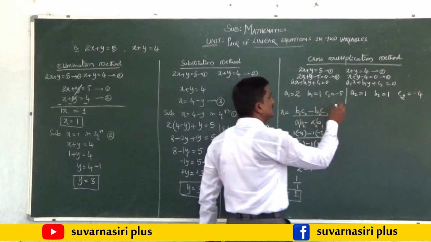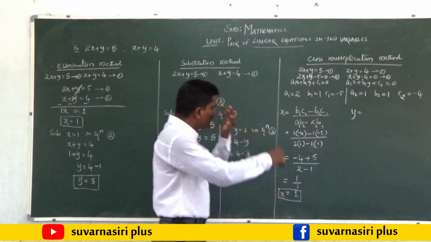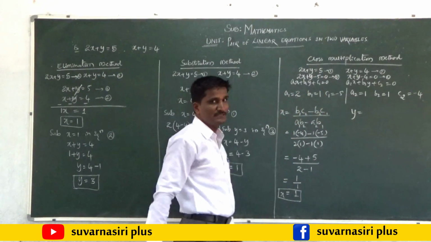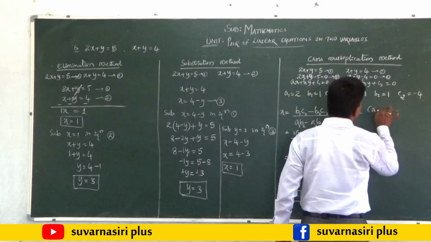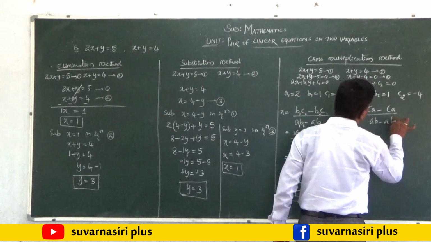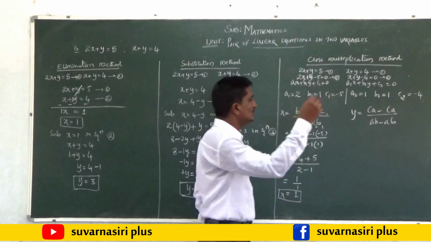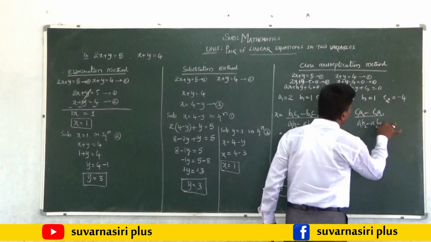Again the same formula is there. y is equal to, here what we wrote? b1c2 minus b2c1. For y, you write c1a2 minus c2a1, by a1b2 minus a2b1. Again right here 1 2 2 1, c 1 2 2 1, and 1 2 2 1.